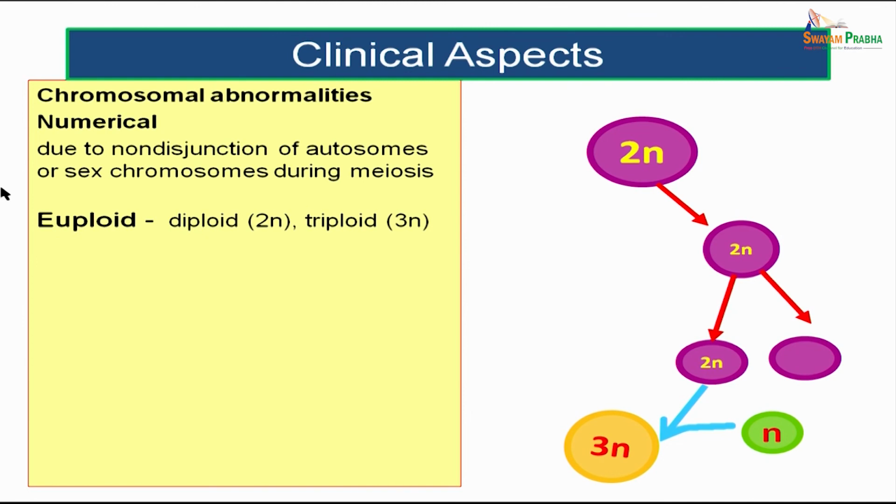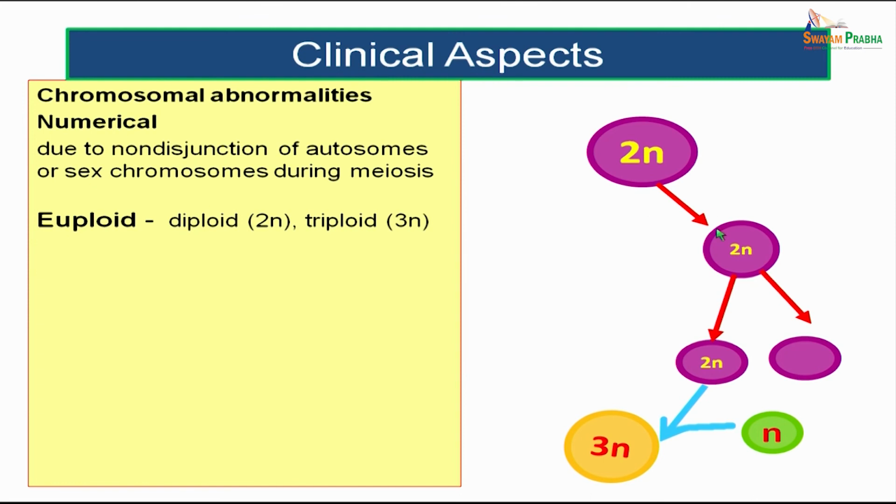Euploid, the word meaning is more than haploid. If it is a multiple of 2, multiple of 3, multiple of 4, you call it euploid, and if it is a multiple of 2, you call it diploid. If it is more than 2, you call it polyploid, and triploid comes under polyploidy. So, numerical anomaly is nothing but an increase or decrease in the number of chromosomes.